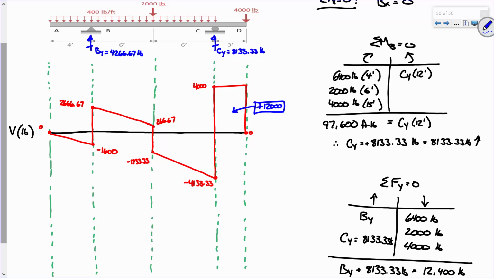So what is 1/2 of 1,600 times 4? There we go. All right, everybody good?